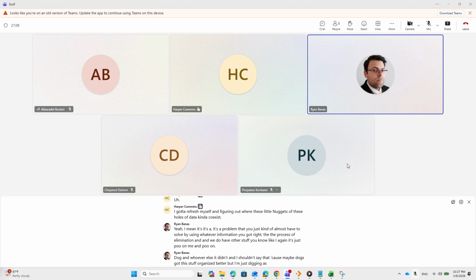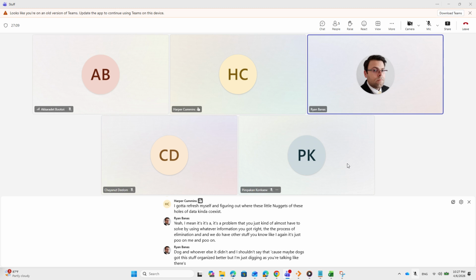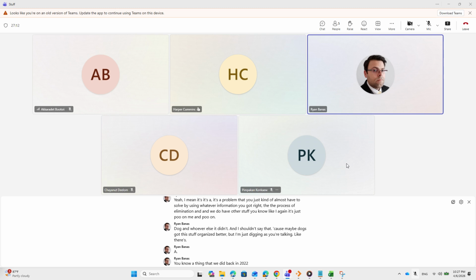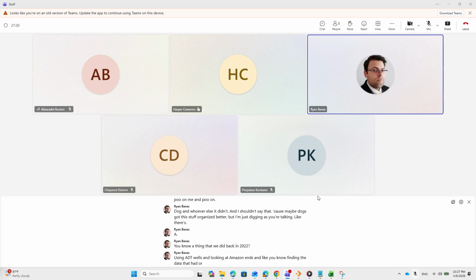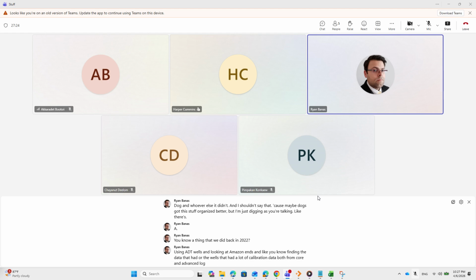I'm just digging as you're talking. There's a thing that we did back in 2022 using ADT wells and looking at M's and N's and finding the wells that had a lot of calibration data, both from core and advanced log suites, and using that to derive a model.